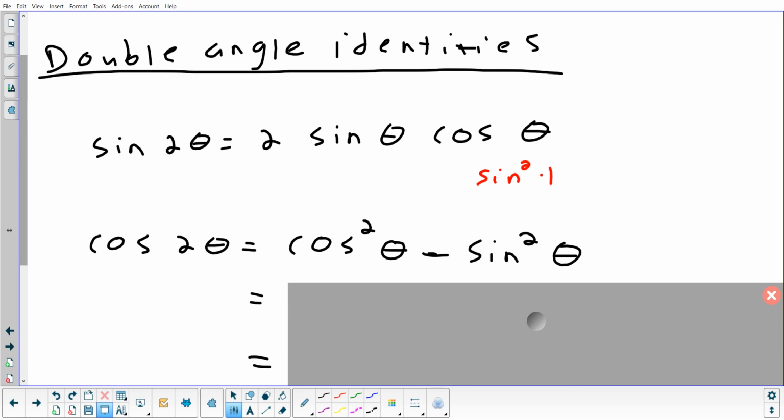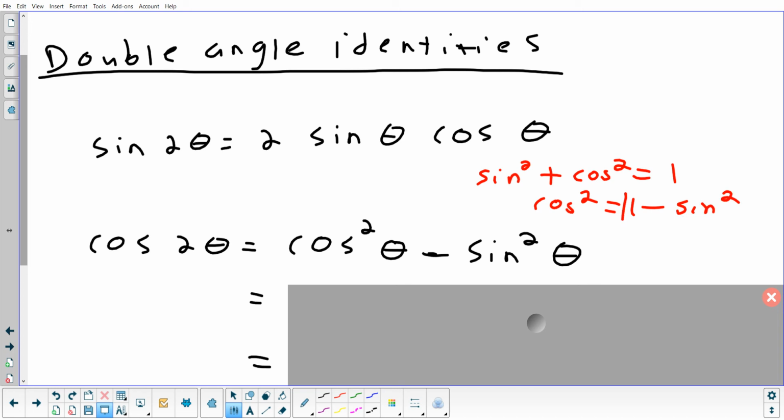Yep, sine squared plus cosine squared equals 1. And now, what if I wanted to get cosine squared by itself? What would that equal? 1 minus sine squared.